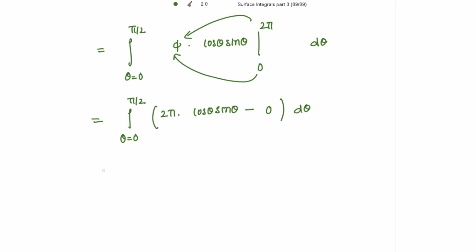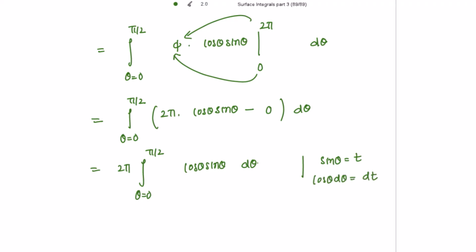D theta. Taking this 2 pi outside of this integral, and writing here cos theta sine theta d theta. Substituting sine theta to be equal to t. So this is cos theta d theta equal to dt. So this is 2 pi.